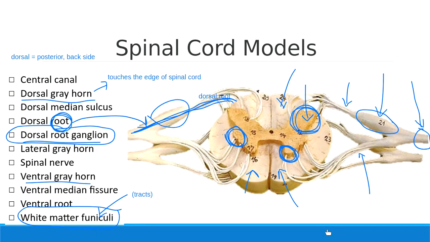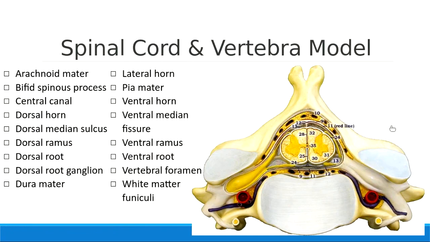So let me mention the word that we tossed out there. We tossed out the word ramus, ventral ramus, dorsal ramus. Literally that word means a branch. For me to be able to have a ramus or a branch, I have to have a spinal nerve first. So I form my spinal nerve right here. And then see how I've got a branch that comes off the back side and a branch that comes off the front side.